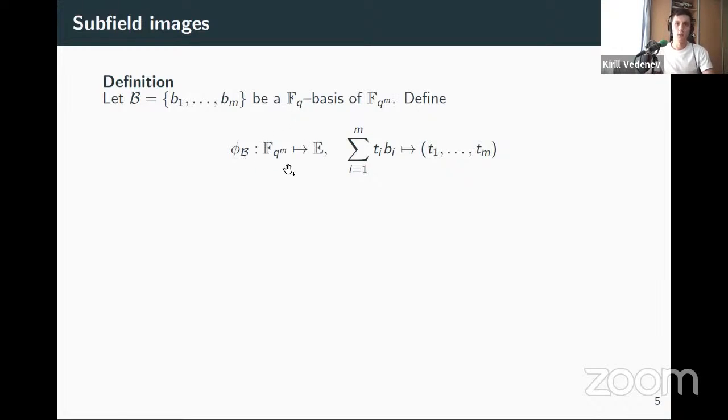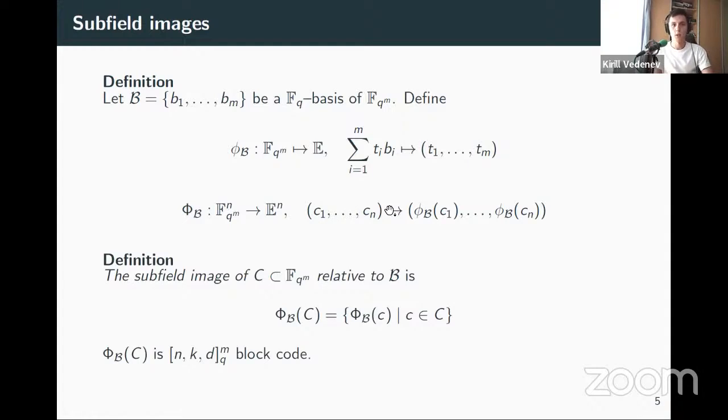By phi_B we define the map that for any element produces the coordinates, and by capital Phi, we define the map that is applied to every coordinate of some vector of length n. So the subfield image of a code relative to the basis is simply defined as follows. And as I said, the parameters are well known.